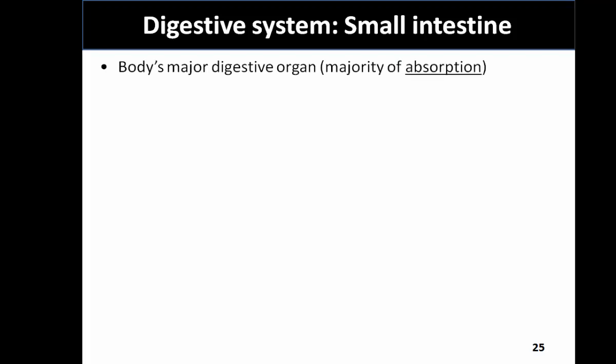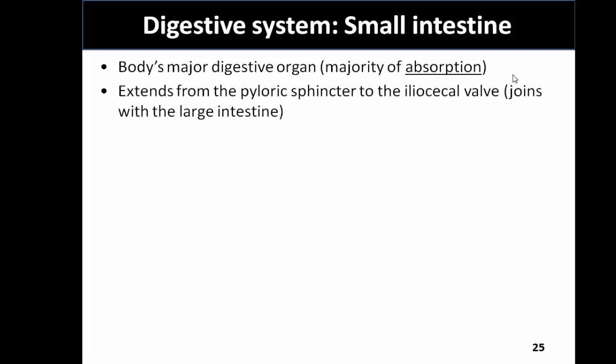Moving on to the small intestine. The small intestine is the body's major absorptive organ. So here we see the vast majority of digestion take place, but we also see the second important function of the digestive system, that being absorption.